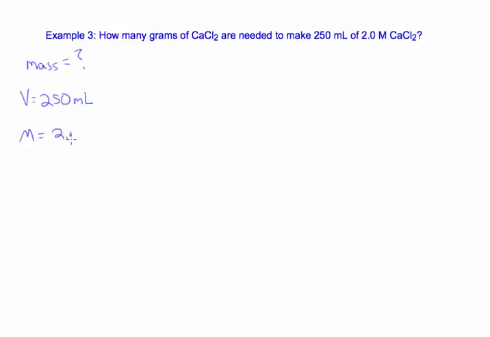We know that molarity is moles over liter, so we need to go ahead and make this 0.25 liters. Move the decimal 3 times to the left. We know that molarity means moles over liter. And while this doesn't give us mass, we should be able to get between moles and mass using our equality of 1 mole equals molar mass.